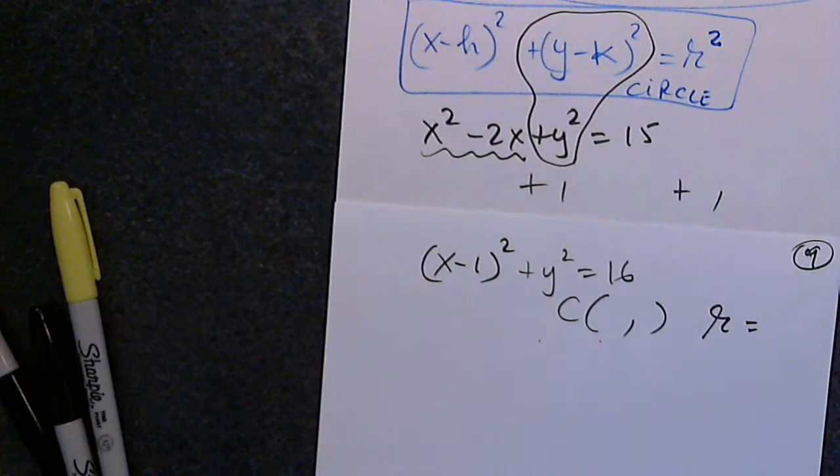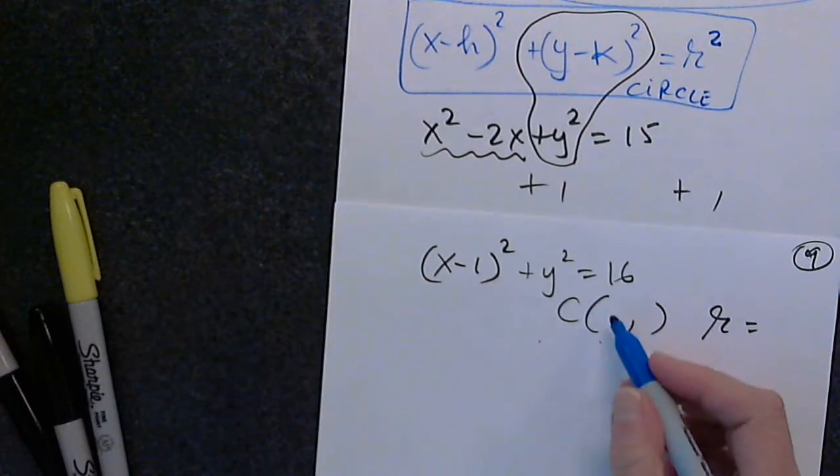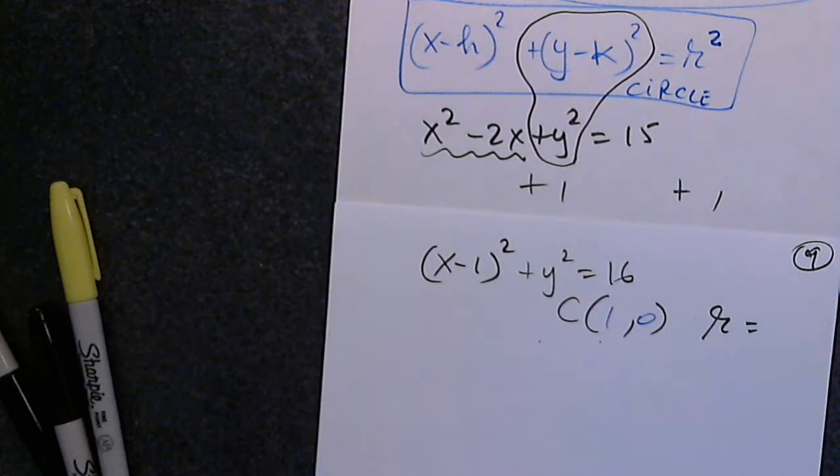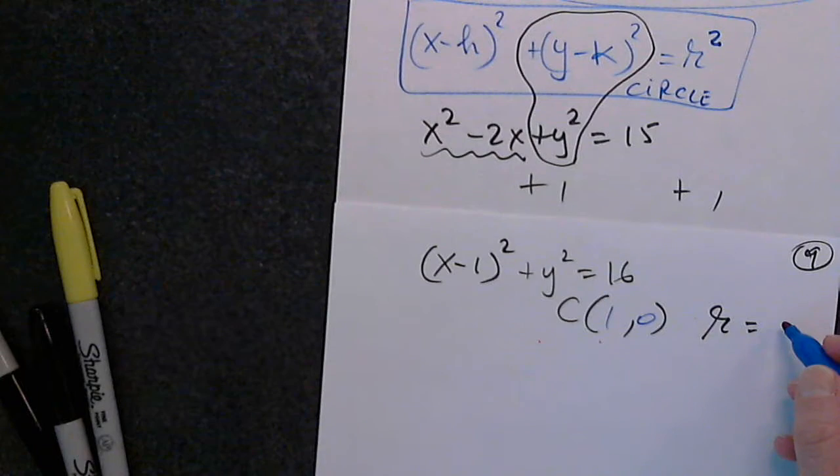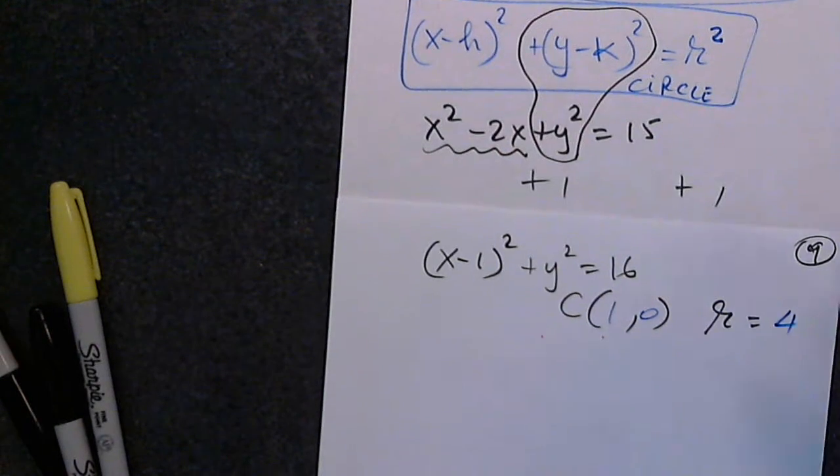So what will be the center of this circle? Yes, the center of the circle is indeed 1, 0, and the radius is? Perfect.